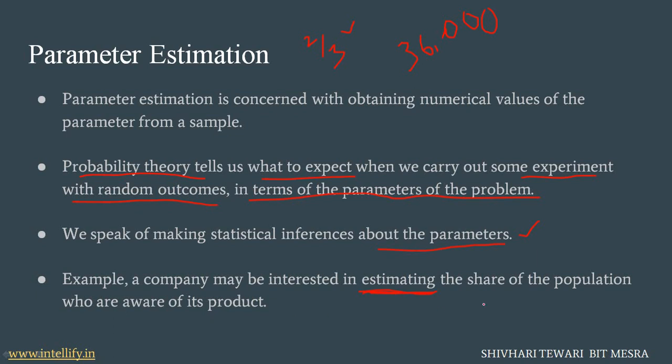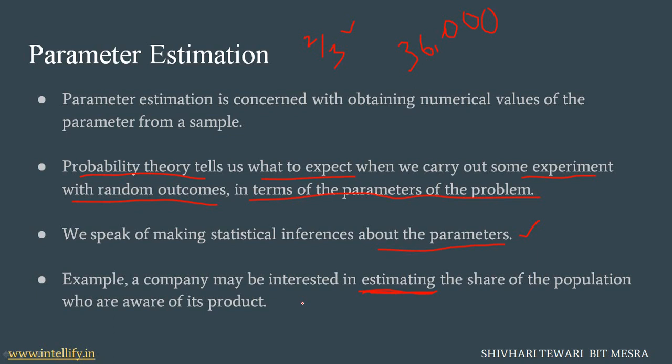Now the company is producing some product, and it has taken some random outputs from its sales manager. The company is interested in estimating how much share of the population is given to the customer, and what will be the output of our sales.